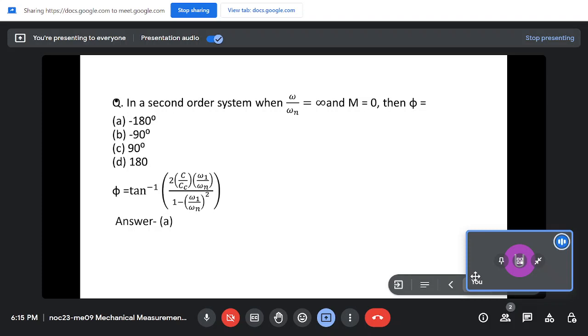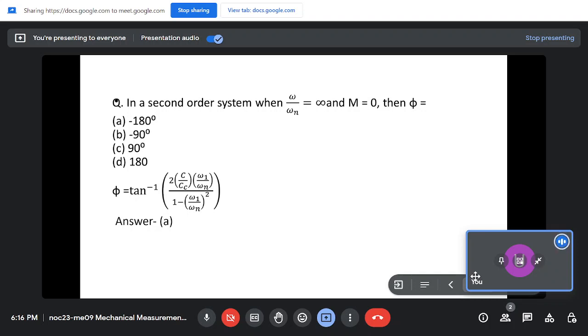If you simplify this expression, we get 2 into damping ratio into omega by omega n divided by omega by omega n the whole square, and we have a negative sign. The negative sign can be taken outside, so we get minus tan inverse of 2 times damping ratio into frequency ratio divided by frequency ratio square. The frequency ratio cancels out, and the simplified expression is tan inverse of 2 times damping ratio by frequency ratio.